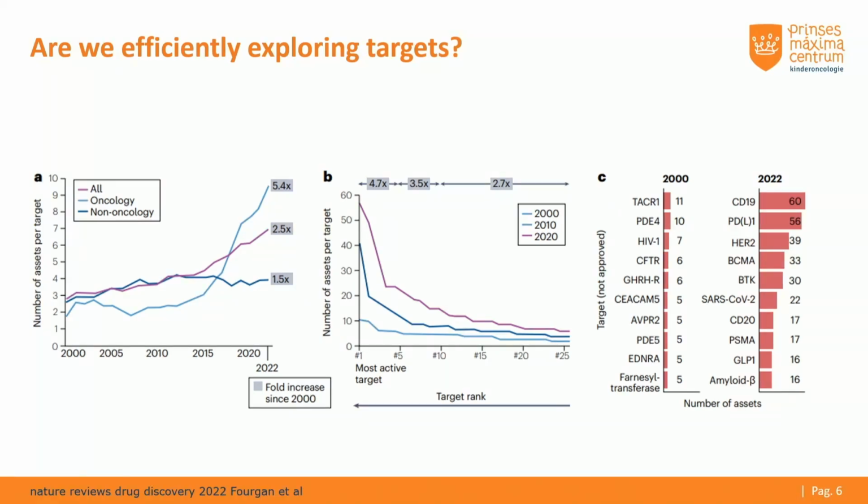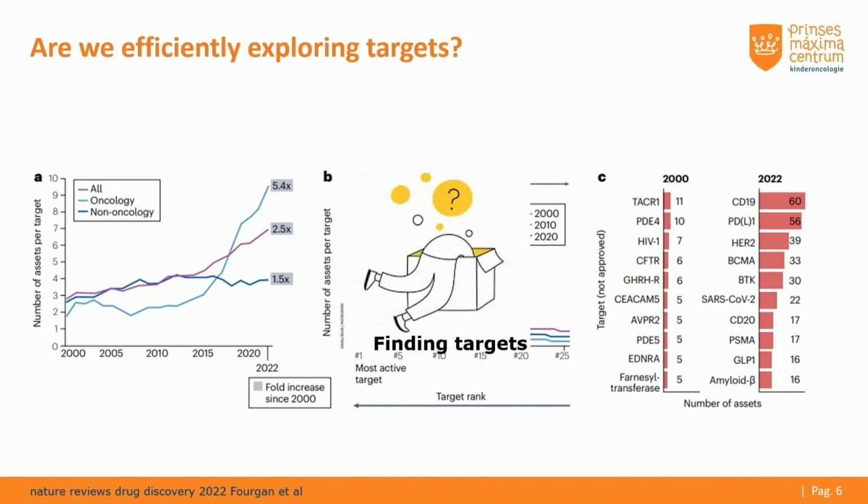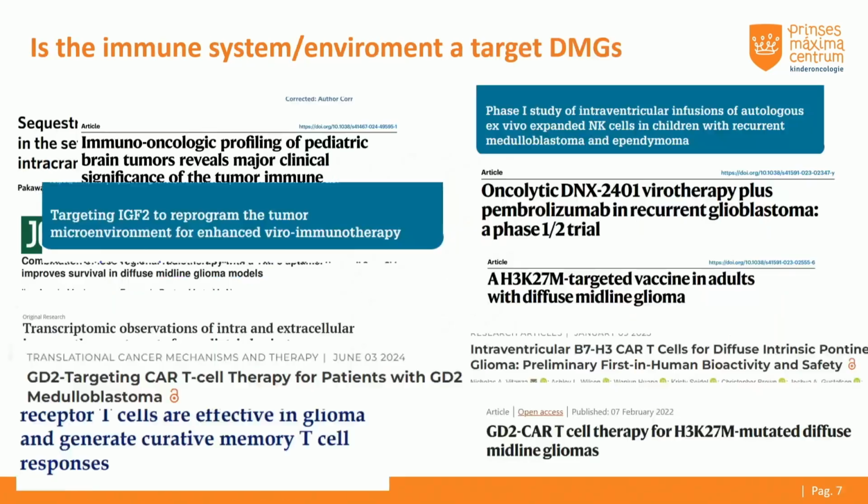As said, this disease is rare, so we should think about how we efficiently learn from our patients. We as a community should find new targets, and now with immunotherapy we have more ownership because we can produce the targets ourselves.